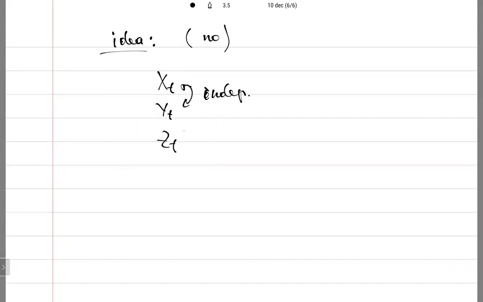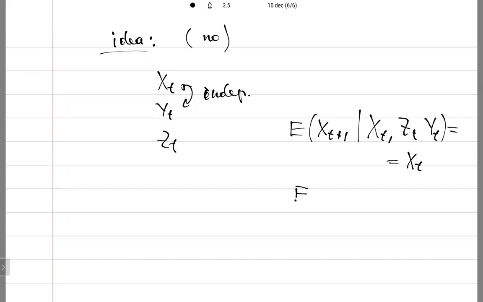My idea is to construct something such that when I know Xt, Zt, and Yt, that should give Xt. If I do the same thing for Yt, I need Yt.